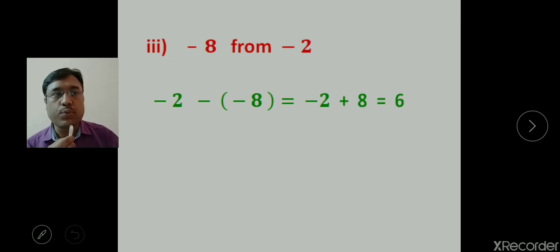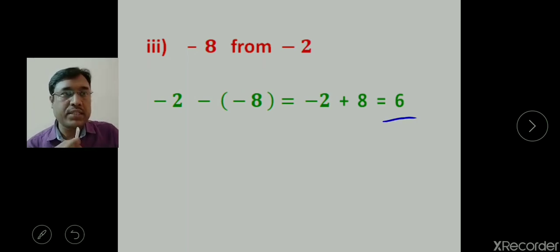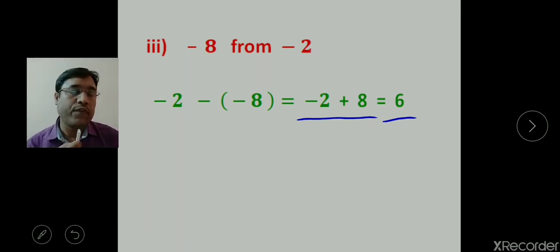So minus 2 plus 8 is 6, because here minus 2 and 8 have opposite signs, so find the difference between them and give the sign of the integer having greater numerical value. 8 has the positive value, so the result is plus 6 here.